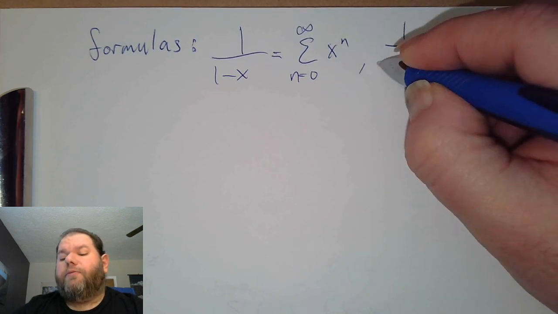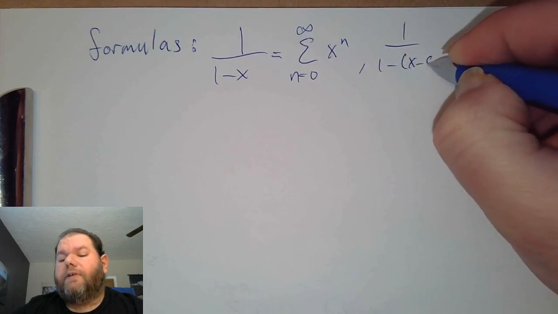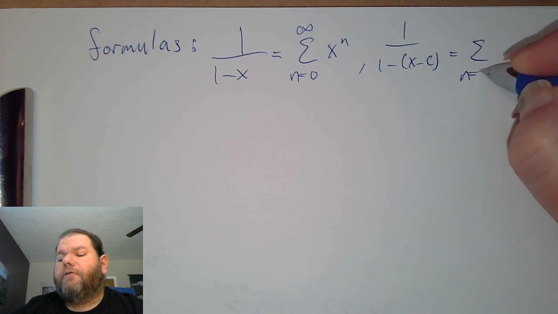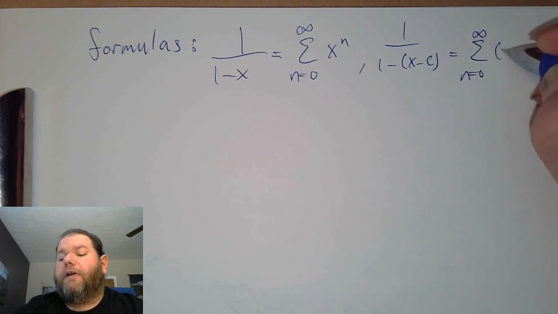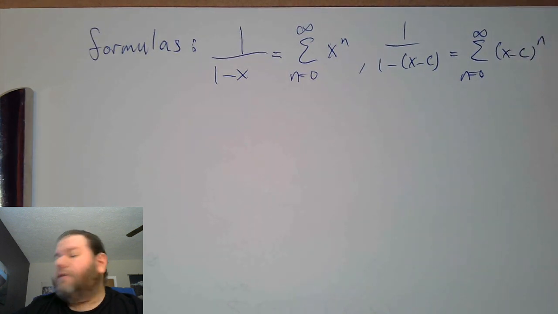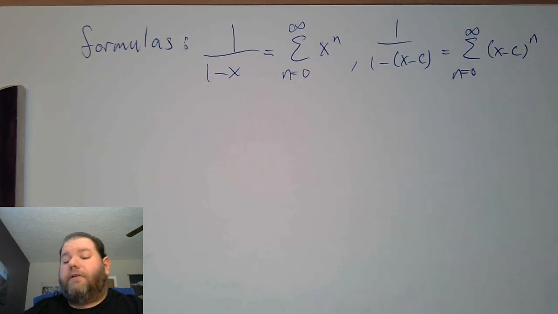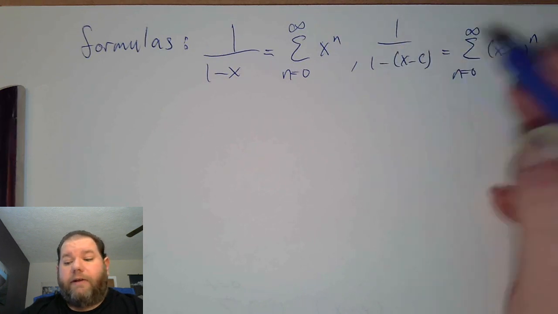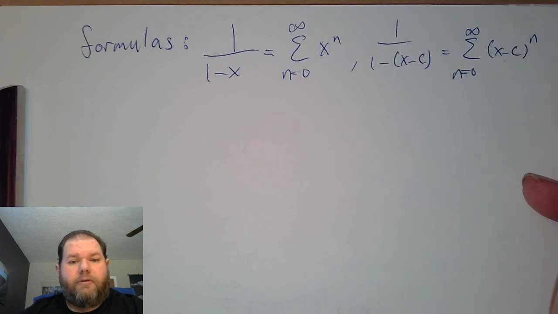If we have 1 over 1 minus x minus c, then this is the sum n equals 0 to infinity of x minus c to the n. And in fact, if we have any function here, 1 over 1 minus some function of x, it'll be that function of x raised to the nth power.